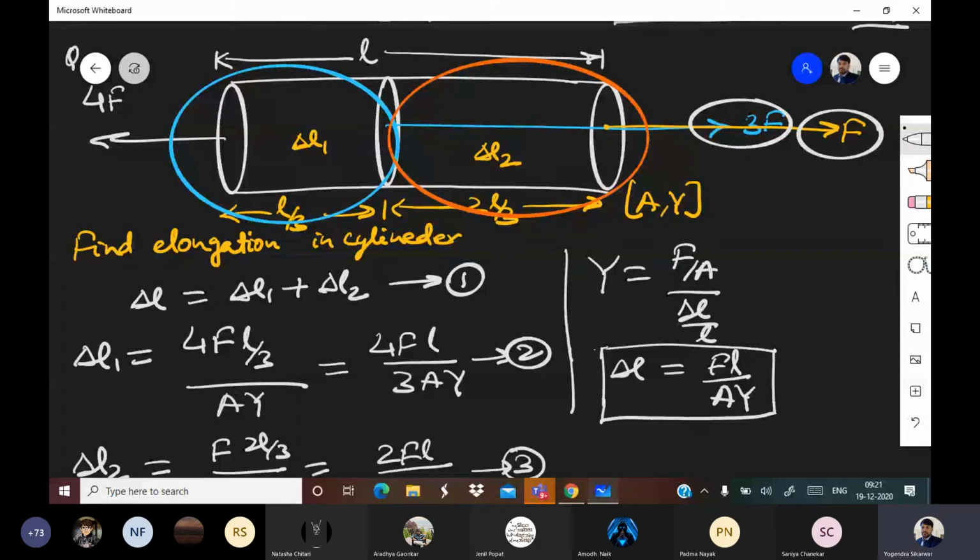Okay. Is F acting at the end point? Okay. If you add up these two, 3F and F, does the total become 4F? Is it acting in the right direction? If you have played tug of war and two persons are pulling the rope in the same direction, will their forces be added?